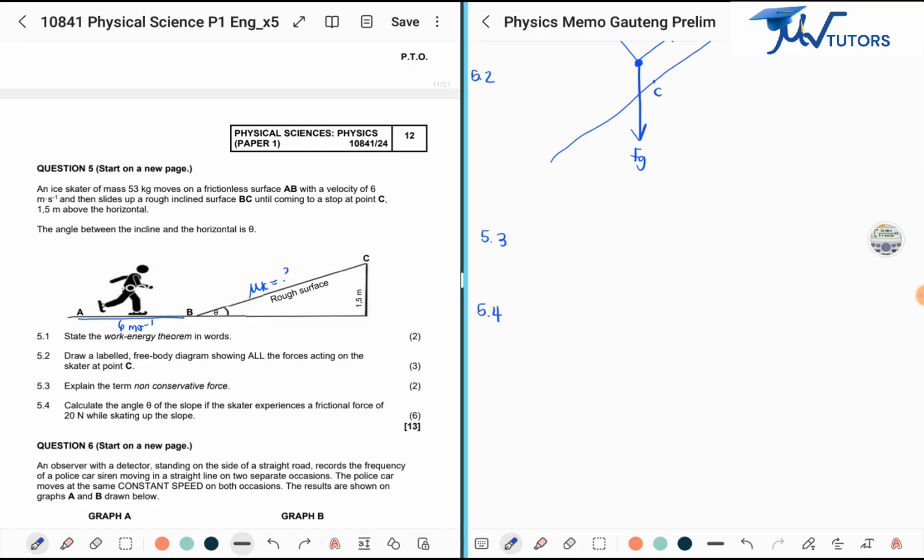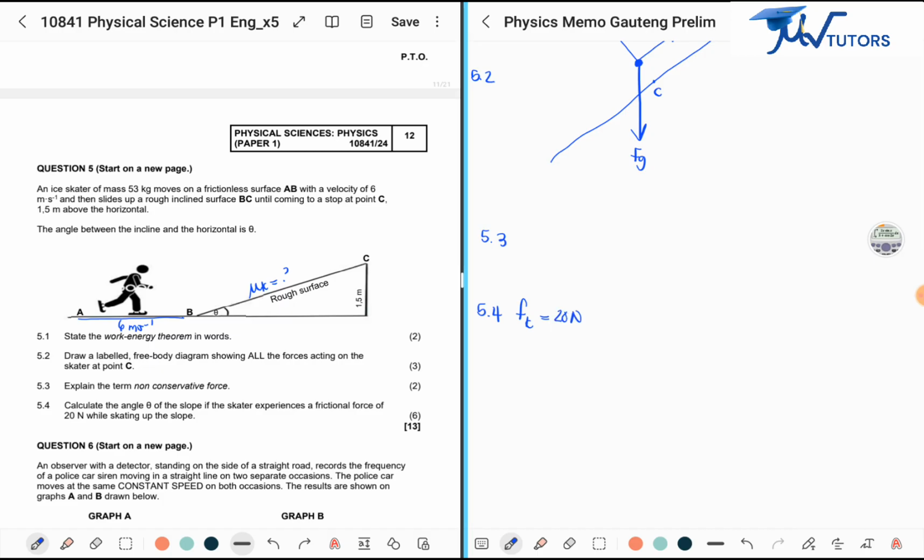So 5.4, for 6 marks, calculate the angle theta of the slope if the skater experiences a frictional force of 20 newtons while skating up the slope. This is now the kinetic friction, not the static friction.